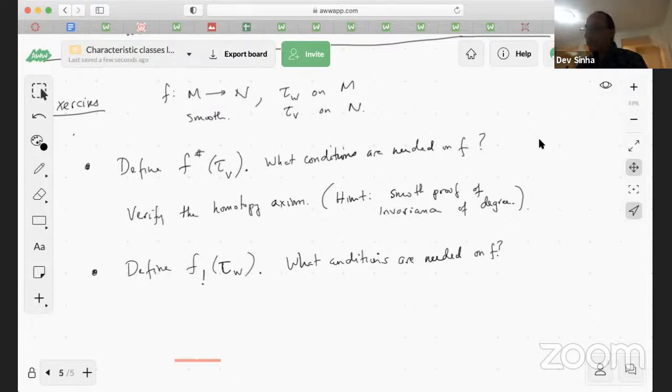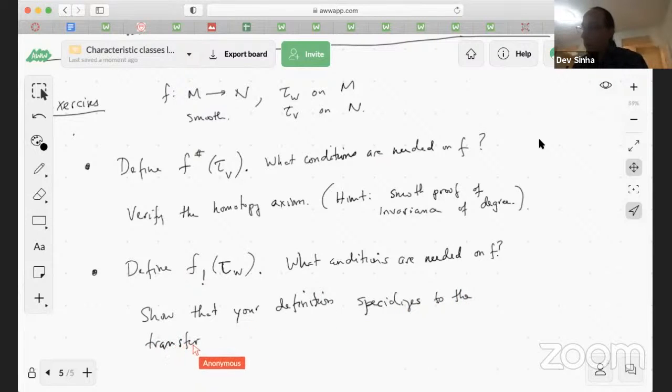And let me give you an exercise so that you can maybe know that you're on the right track. Show that your definition specializes to the transfer in cohomology for a finite sheeted covering map.